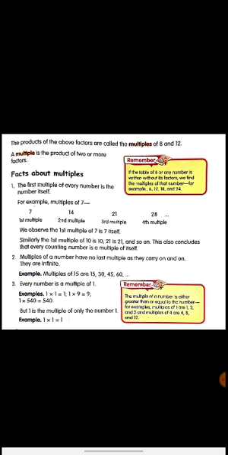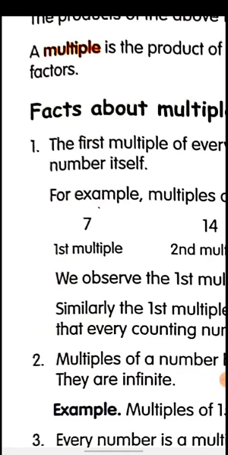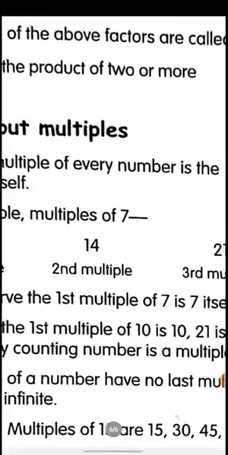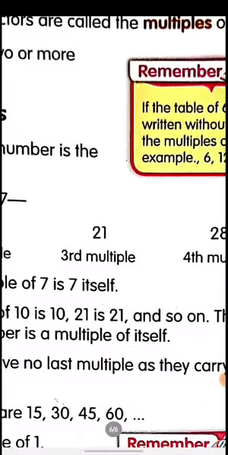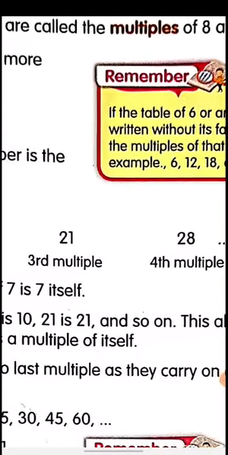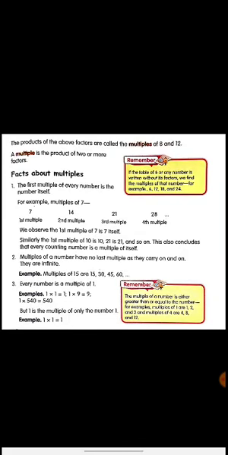So here the first multiple is 7, second is 14, third is 21, and fourth multiple is 28. If the table of 6 or any other number is written without its factors, we find the multiples of that number.